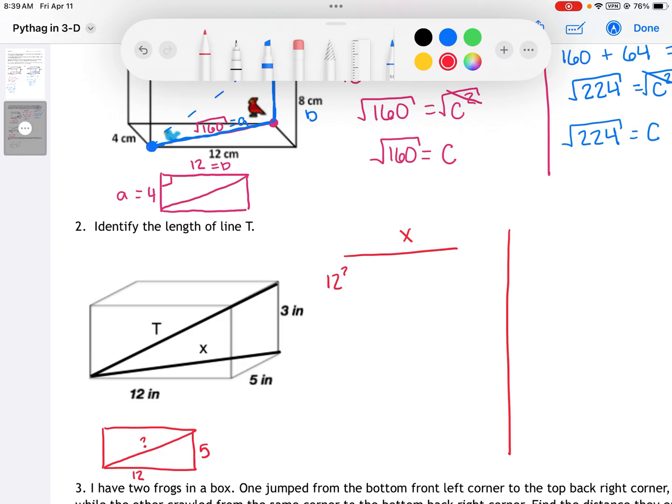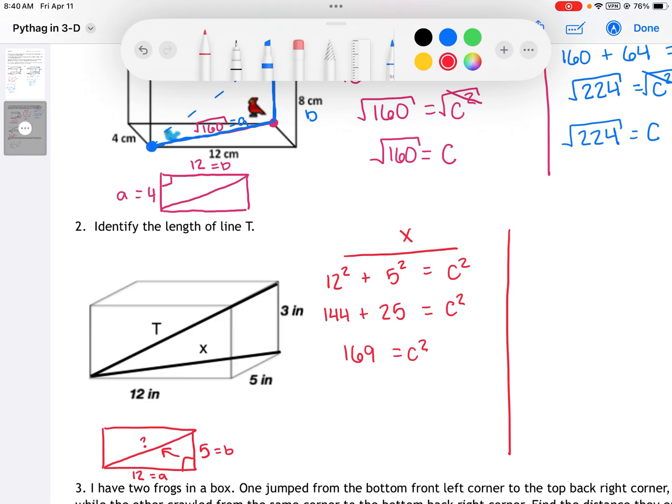So I have 12 squared plus 5 squared equals C squared, because I'm going to use 12 as my A and 5 as my B. C is our hypotenuse. That is what we are looking for. 12 squared is 144 plus 5 squared is 25 equals C squared. 144 plus 25 is 169 equals C squared.